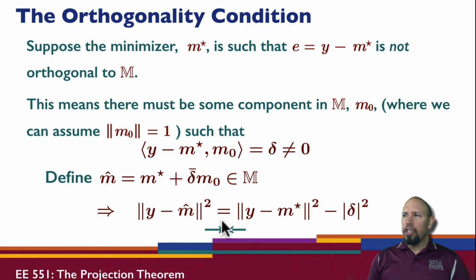So that's a contradiction, because M star is the one that gives the smallest norm, but this M hat, which is in M, gives a smaller norm. So there's a contradiction there. That shows that the error must be orthogonal to M.